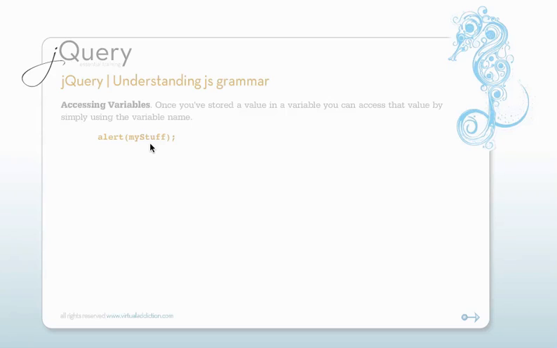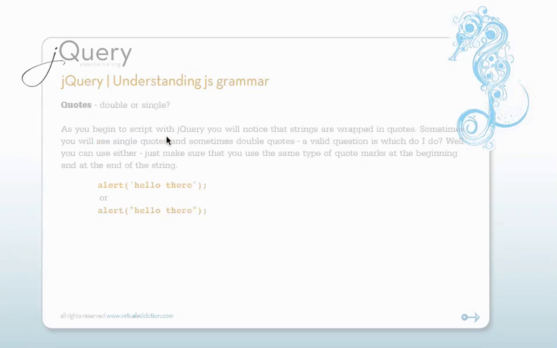The quotes are just used for strings. If I wrote alert with quotes around myStuff, that would display the words my stuff, but it would not be the value of the variable. So you can see why strings are always enclosed in quote marks. Otherwise the JavaScript interpreter isn't going to interpret the information the same way.